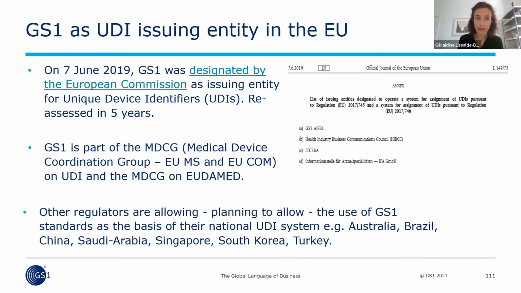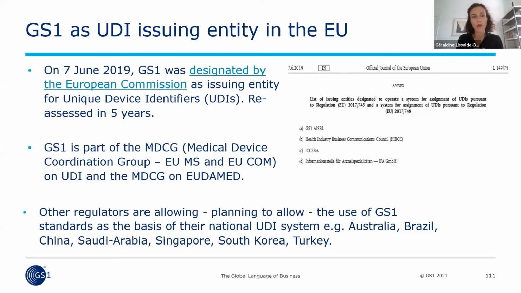It's the case in the US since many years. It's the case in Europe since 2019. It's also the case in Saudi Arabia. It's the case in South Korea, in Turkey, in Singapore, in China, and in many other countries that are coming next.